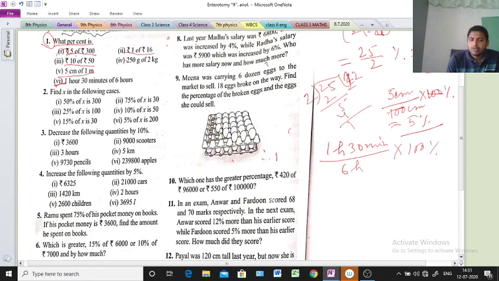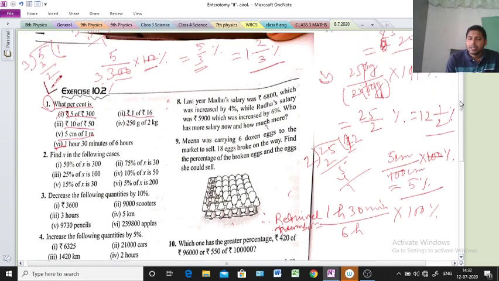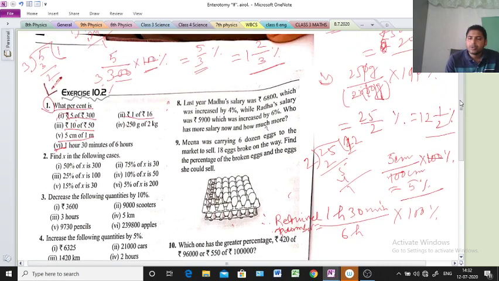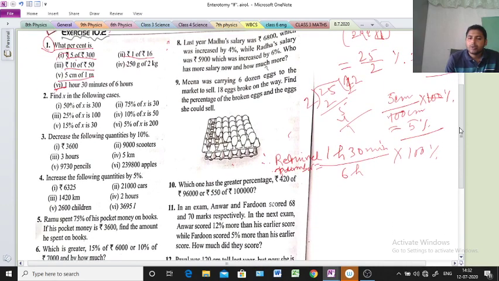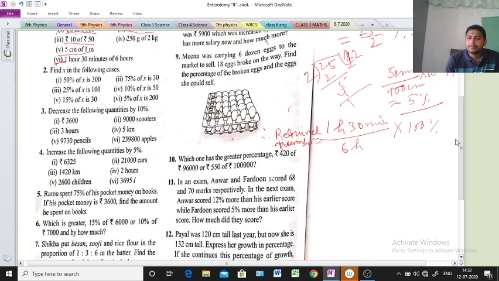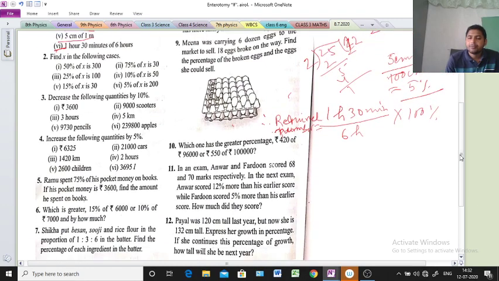The required number equals 1 hour 30 minutes. Everywhere, in every place, we will write required number. Whatever we are finding, that will be the required number.